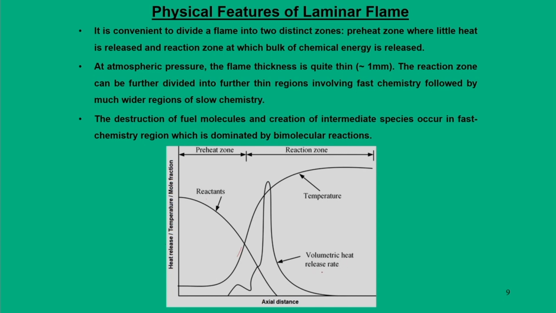We call this a volumetric heat release, and this heat release is very instantaneous, and it takes the shape of an impulsive nature. So, it is like an impulsive heat load.